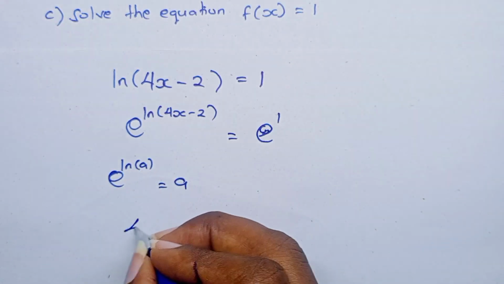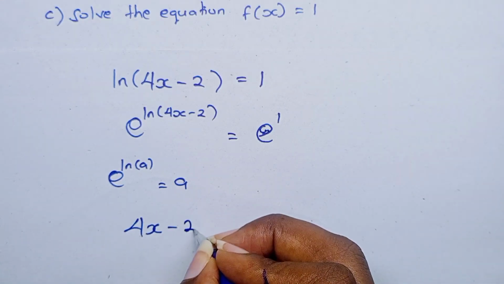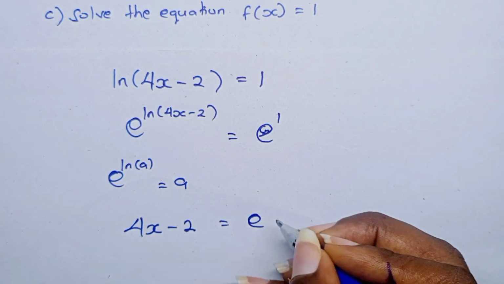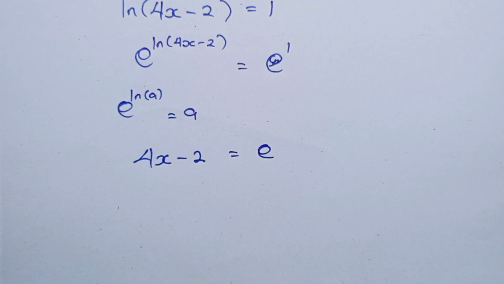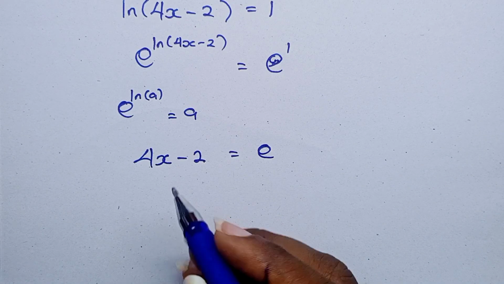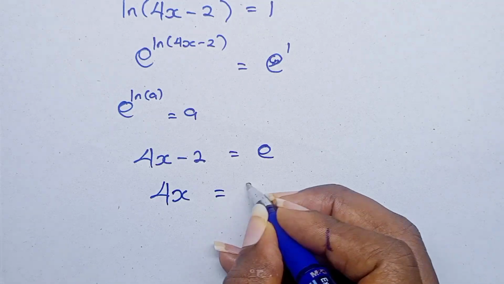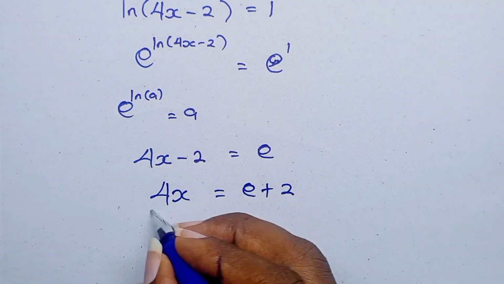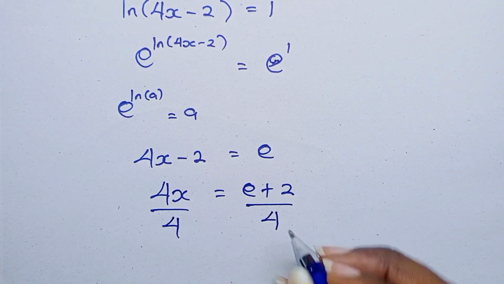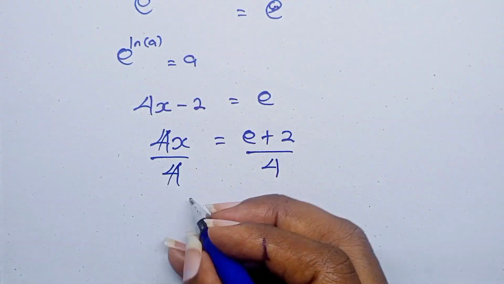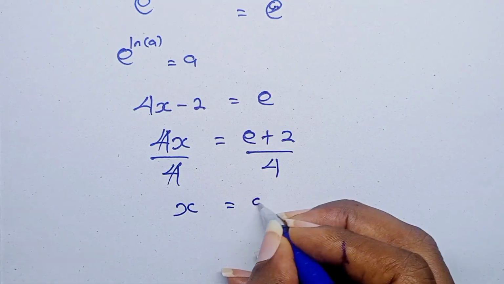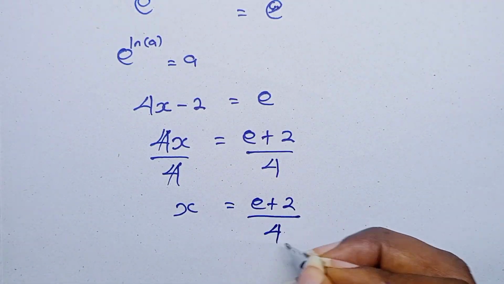Therefore this will become 4x minus 2 equals e. E power 1 is the same as e. Our aim is to find x, so we isolate. So we shall have 4x equals e plus 2. Divide both sides by 4. This cancels, and therefore x equals e plus 2 over 4.